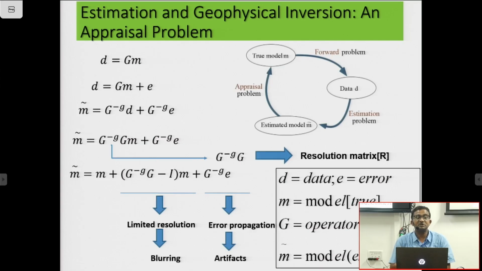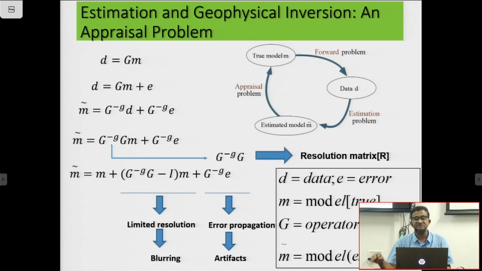But the problem starts because this is the ideal case, where we expect the noise not to be very complex, or the statistical distribution characteristics of the noise to be known. But in many cases, the statistical distribution of the noise cannot be known a priori, before starting any inversion scheme.